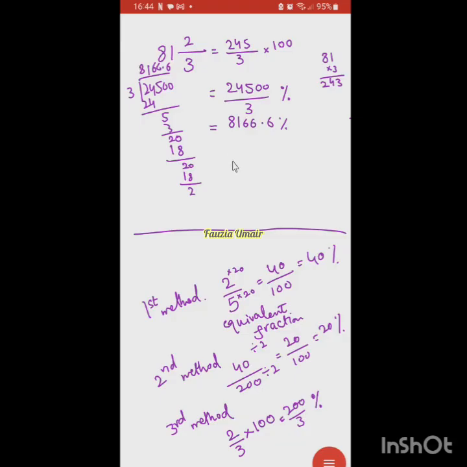Ma'am, we can simply write it in the simplest form. Ma'am, the answer was this, and then we turn it into the percentage. Can't we write 24,500 by 3? It is not divisible by 3. It is not fully divisible.